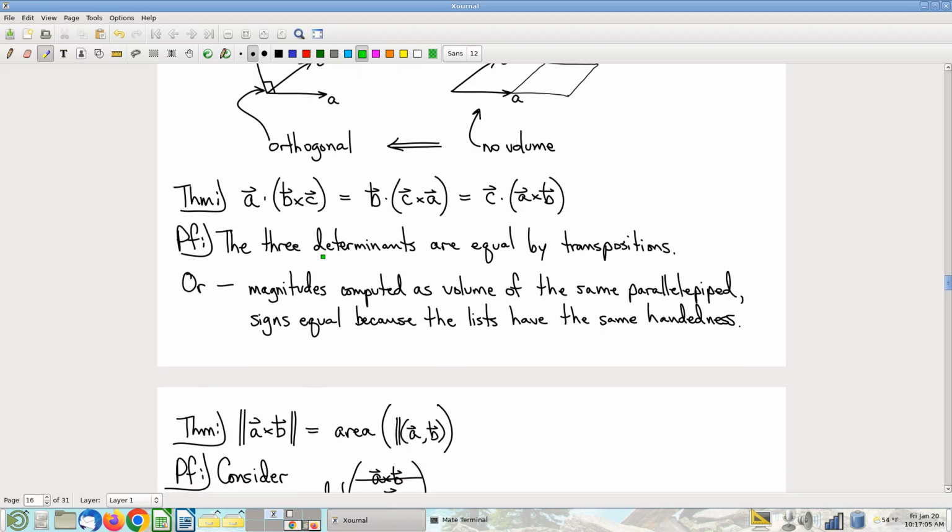And where we ended last time was this kind of cycling identity here, that if you have a triple product and if you cycle through, the C, you put it where the B was, and the B, you put it where the A was, and the A, you put it where the C had been, right? If you just cycle through, that doesn't change the value of the triple product, which is super weird.